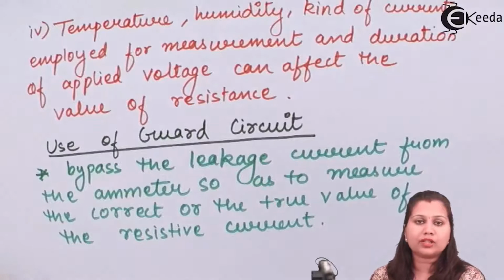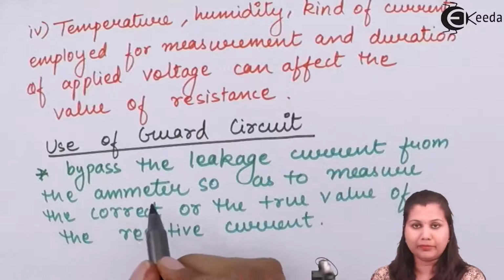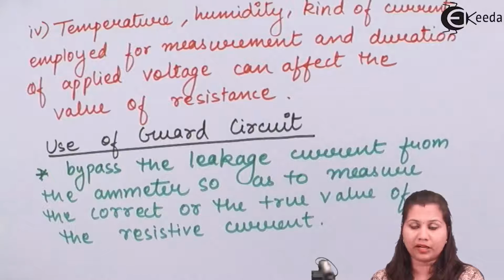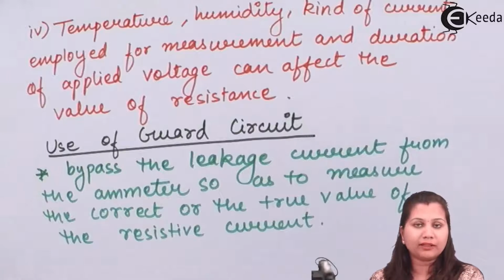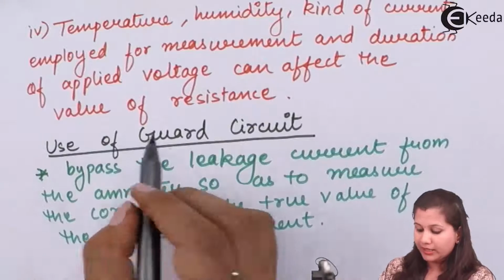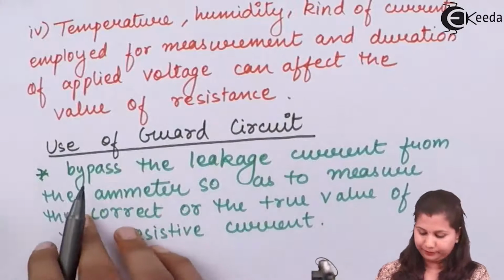The concept of the guard circuit is to bypass the leakage current from the ammeter, so that the ammeter measures only the true value of the resistive current. If we have the correct value of the current, then we are going to measure the correct value of the resistance also. So this guard circuit bypasses the leakage current.